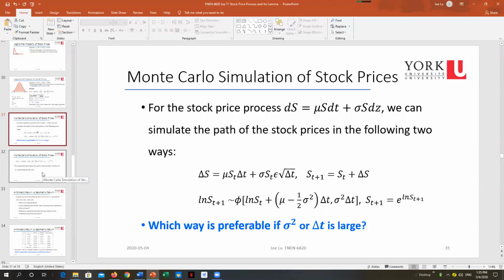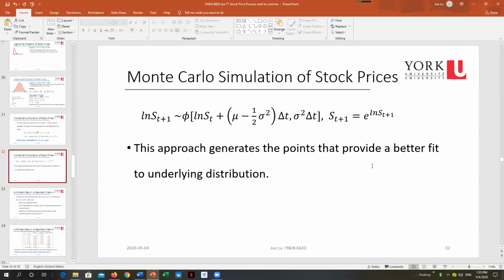Well, think about it. If you utilize the distribution here, you will actually get a much more robust result. Let's say you just have one step. So if you need to simulate the realized price 1 year from today, and you just do a one-time step, you can draw directly out of this distribution here.